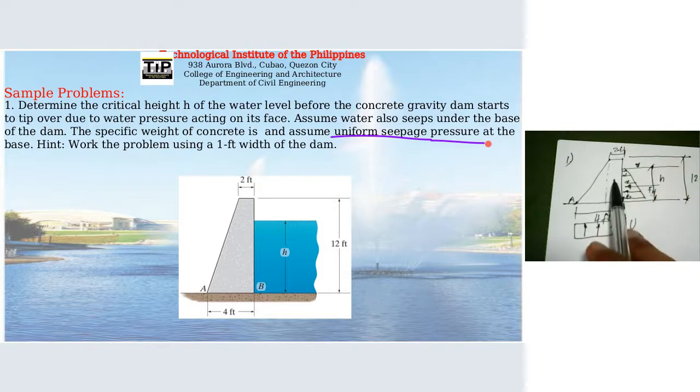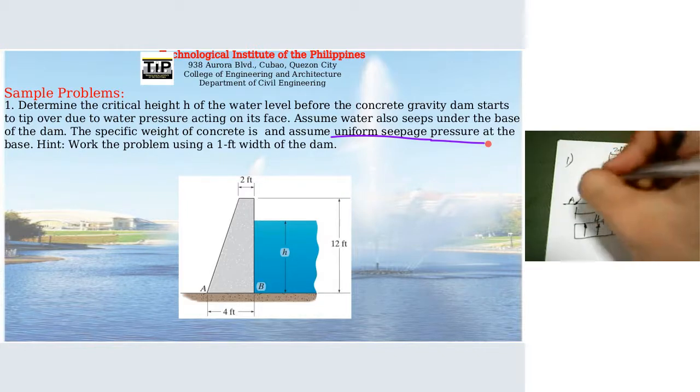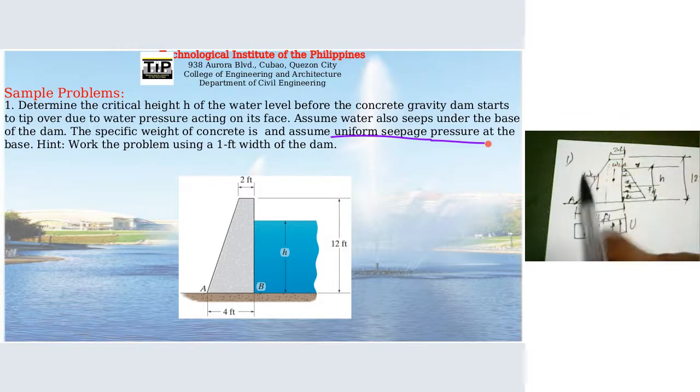Now this dam, we can divide into two common shapes. So you can see here, we can divide it into a rectangle and a triangle. So this dam has self-weight. So that's the third force involved.